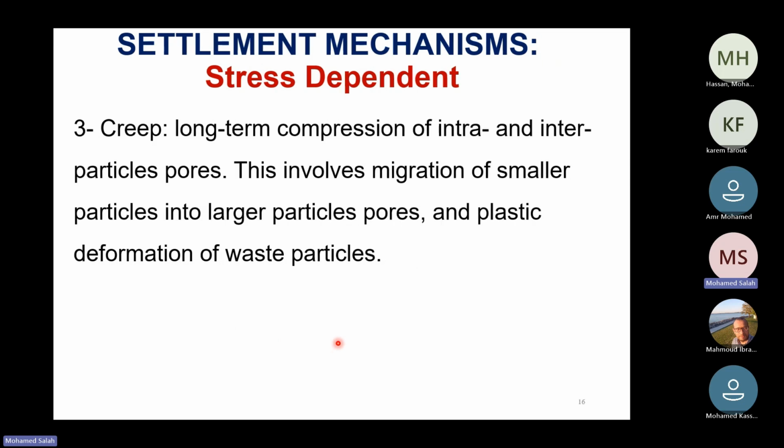Finally, it involves creep, that is the long-term compression of intra- and inter-particle pores. This involves migration of smaller particles of waste into the voids of the larger particles and also plastic deformation of the waste particles.